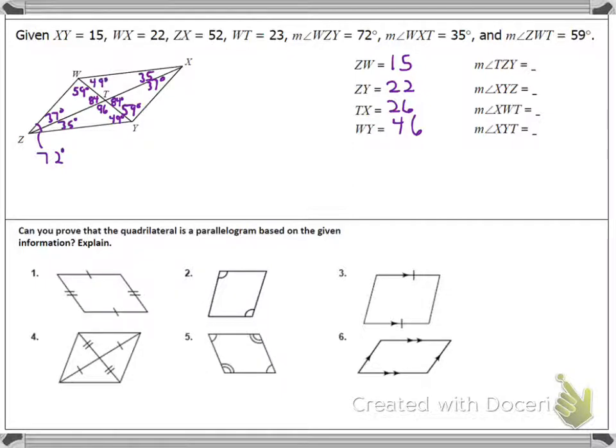So now I have all the angles, I can go find what I need. TZY is going to be 35 degrees. XYZ, it's those two. So let's see, 49 and 59, I can combine that together to be 108.